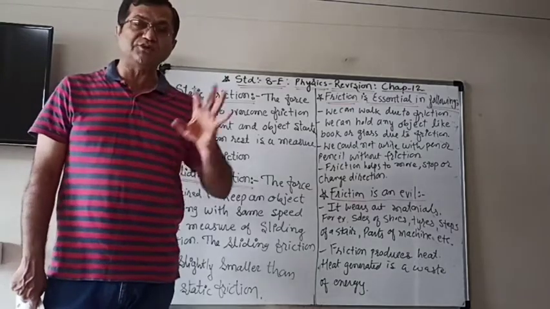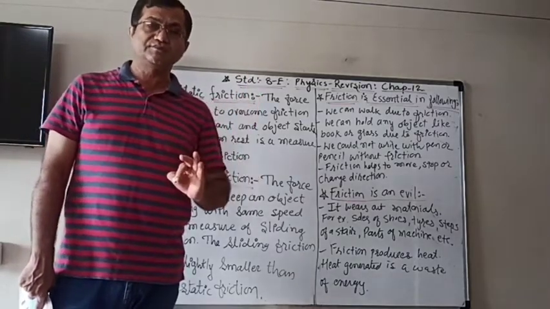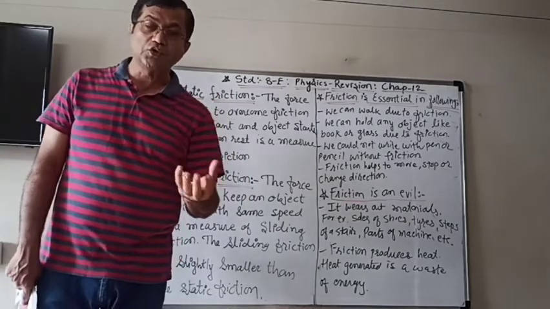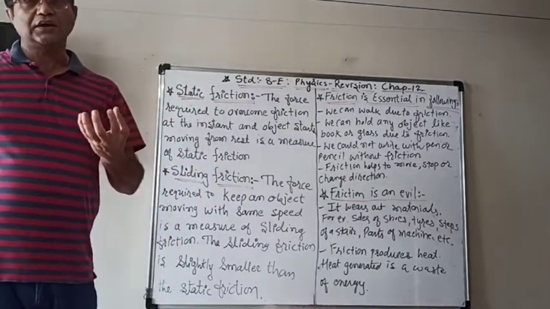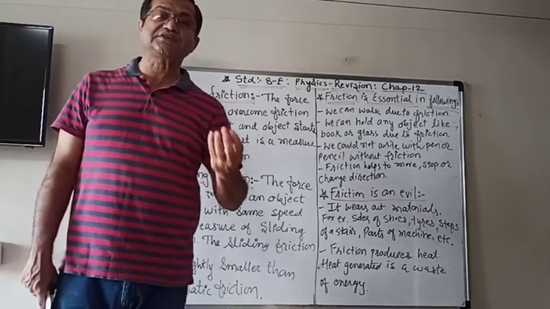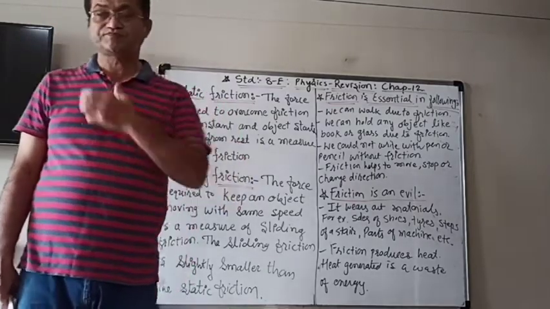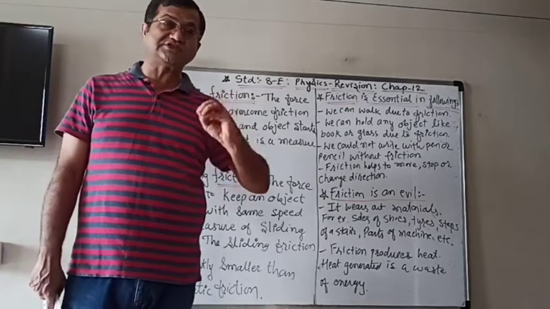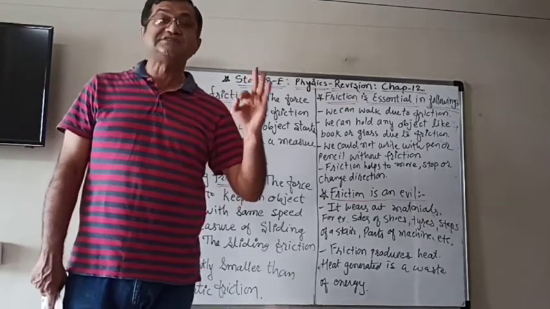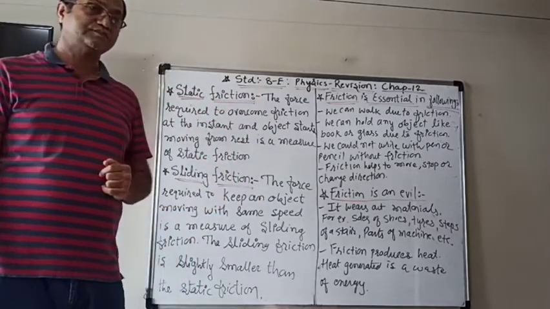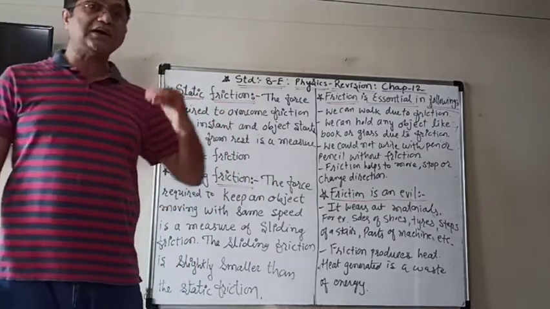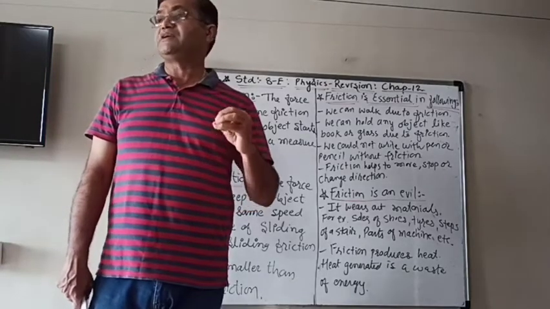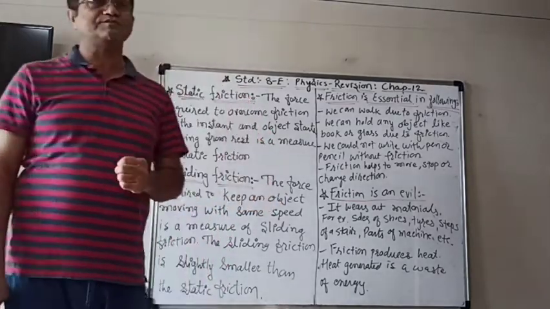It means, in simple words, that the force required to make the object move from rest, the measure of that friction, is known as static friction, because we have to overcome that friction. So that is static friction.